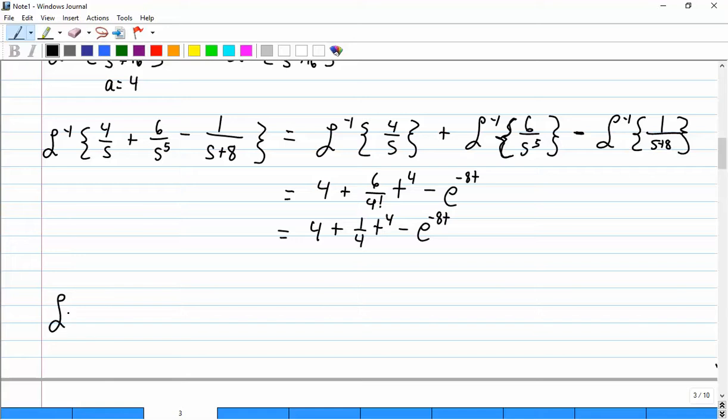Alright. Let's look at this one. The inverse Laplace transform of negative 2s plus 6 over s squared plus 4. We don't have a rule that has an s in the numerator plus a constant or minus a constant.